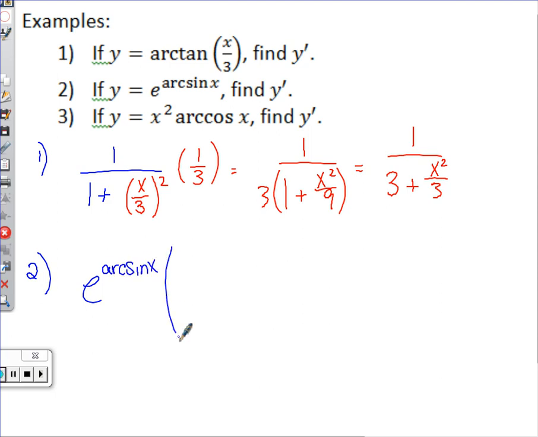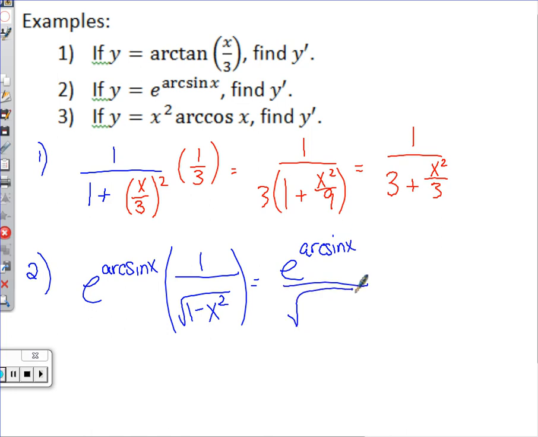Derivative of arc sine of x? 1 over square root of 1 minus x squared. And that usually moves into the numerator. That's it. Nothing to it.